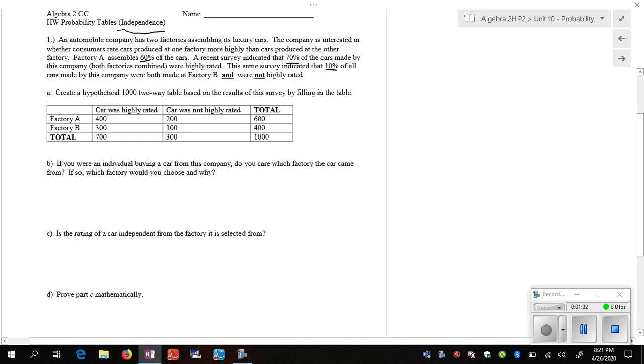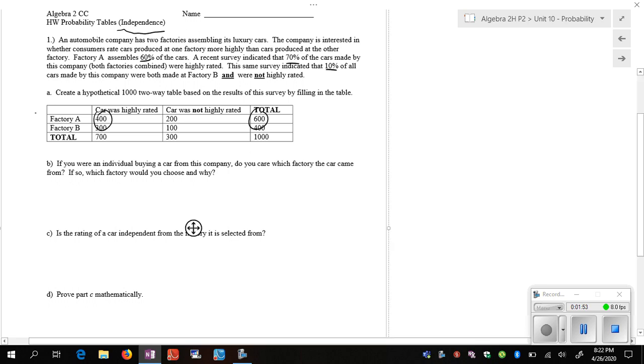So there's a couple of approaches here. We have that for factory A, 400 out of 600 are highly rated. So that's actually a conditional probability.